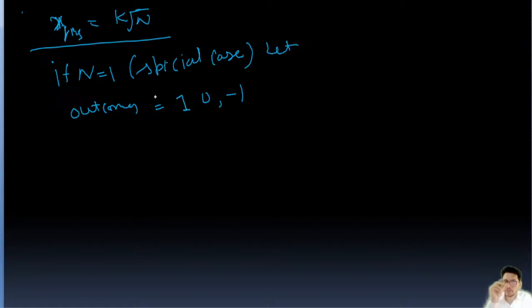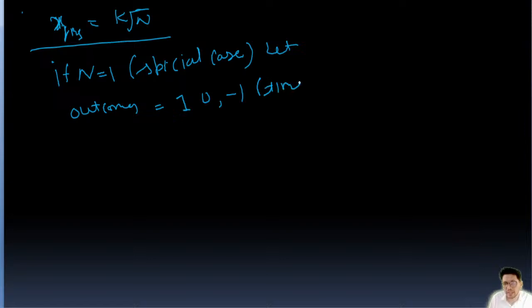So for that step the walker will either be at the same point, or go left, or go right. So there are three possibilities: 1, 0, minus 1 times delta.